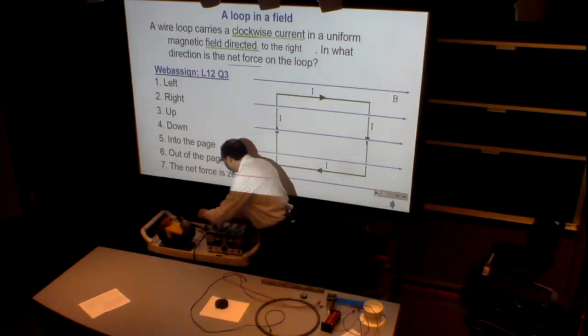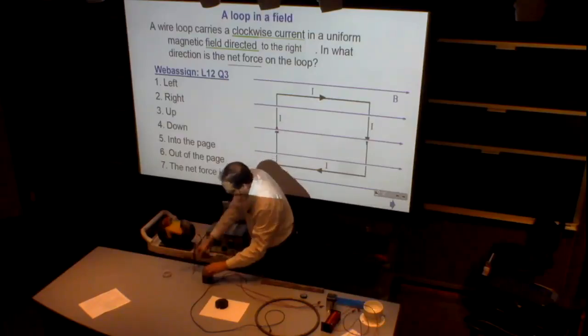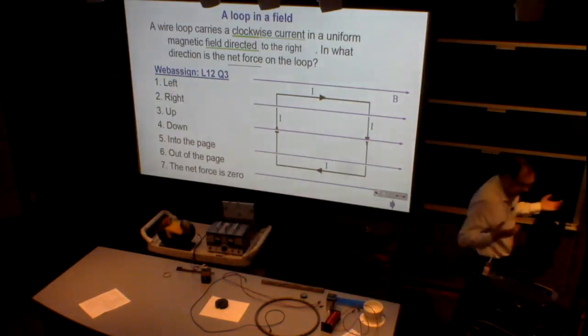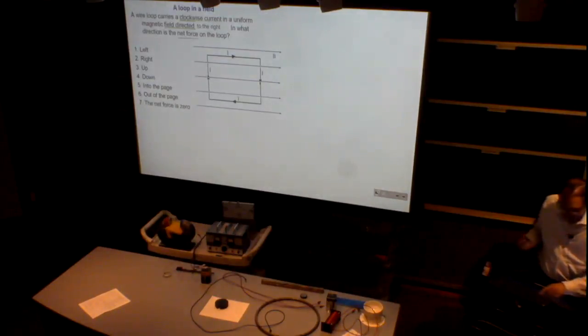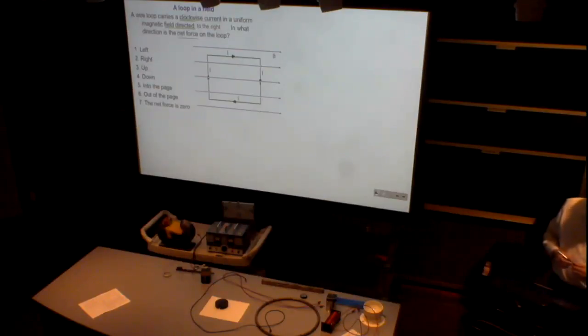But now we also want to know how a magnetic field would affect a loop, if it has any effect on it. Well, you have to apply the right-hand rule for the force acting from the magnetic field on the wire 4 times, and then add them up, because that's what net force is.